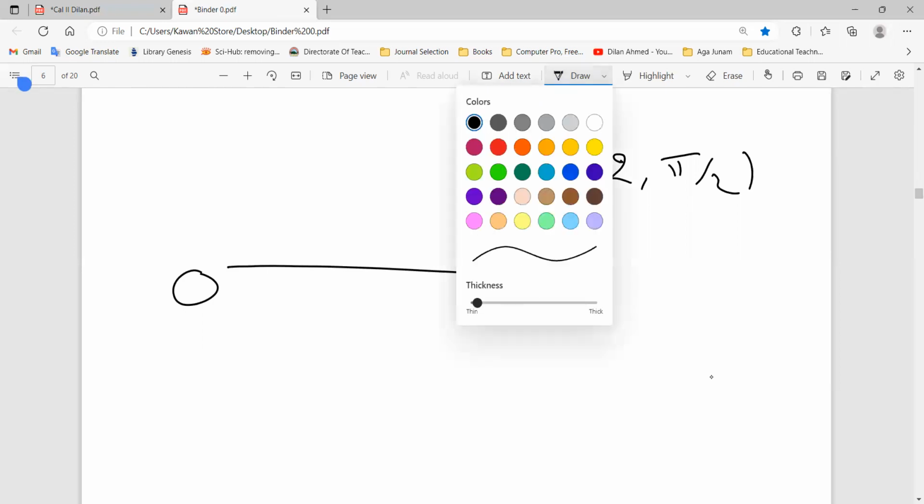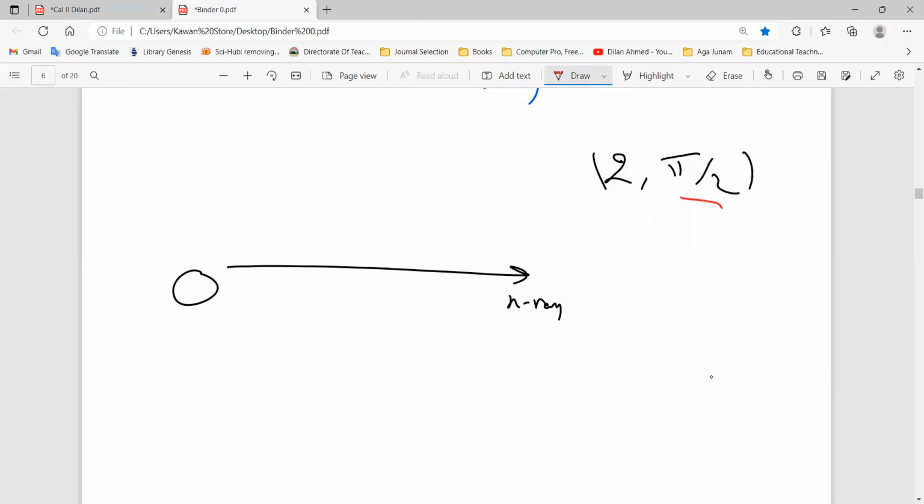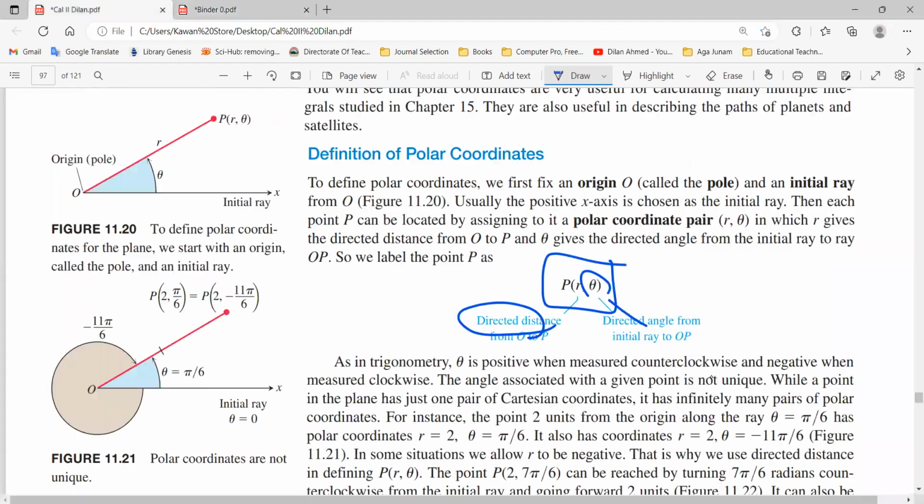Now I'm going to draw this point. Theta first: pi over 2 is here, 90 degrees. Then I have 2 units, so from the origin at 90 degrees we have 2 units. So this point is my (2, pi over 2). So first theta, second r. Don't forget that one. Any question about that one? This is the first point.